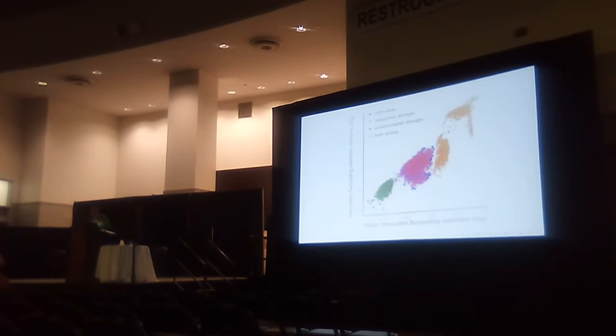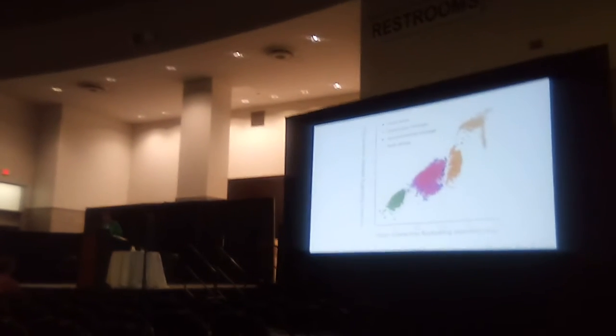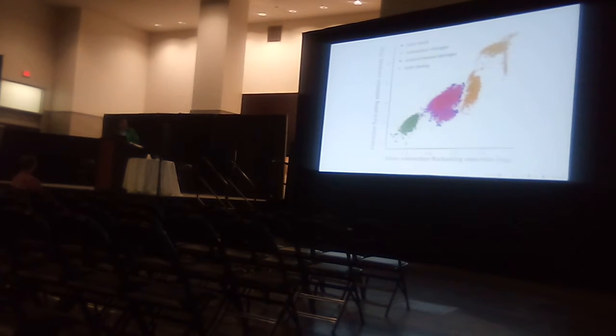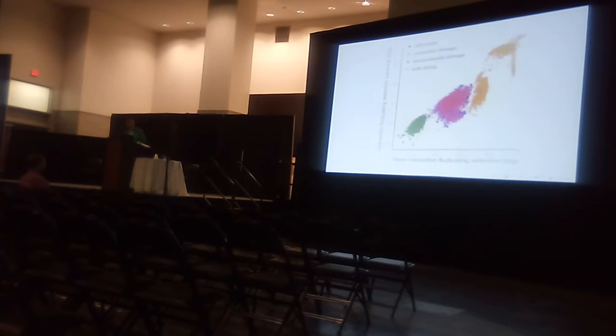This means that we can calculate in these models the interaction fluctuating selection variance. It's essentially how the interaction strength between each pair of species across the network is fluctuating in time. You plot the mean versus the variance of fluctuating selection.